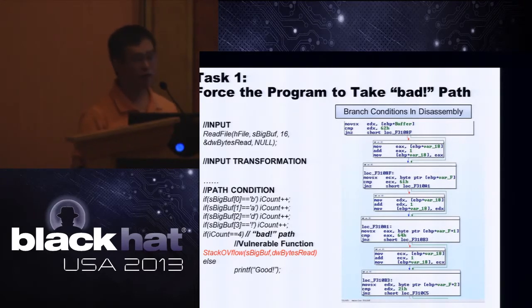As you can see, there are 4 key branch conditions. They all need to take true. If you look at the control flow graph here, the normal input will all fall into this false branch, taking all the green edges and falling through. So for the vulnerable function to be triggered, you need to take all these branches, the red edges, to find the new path.